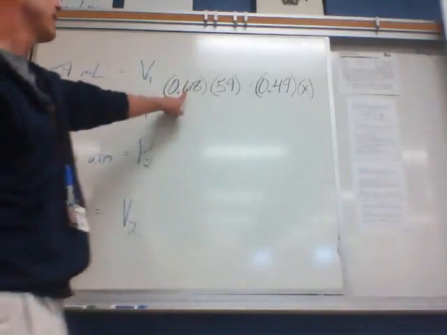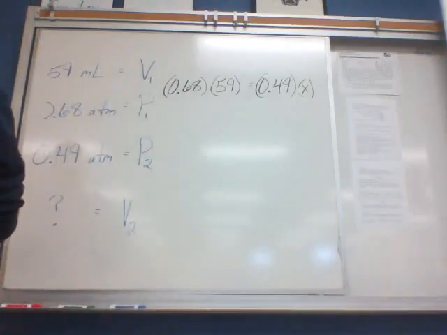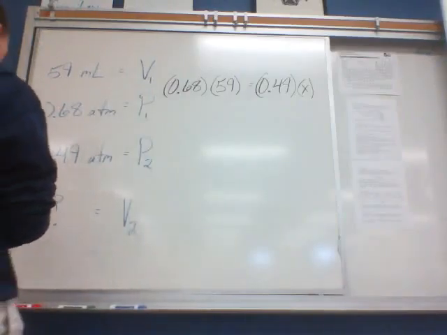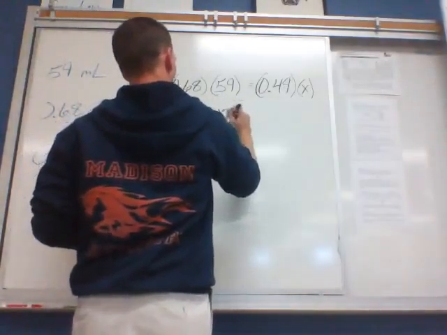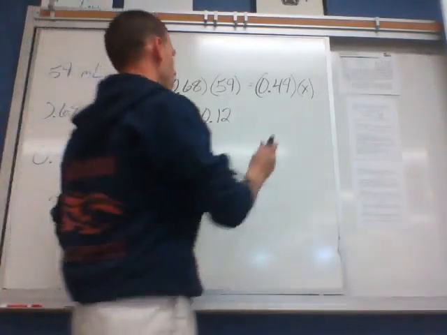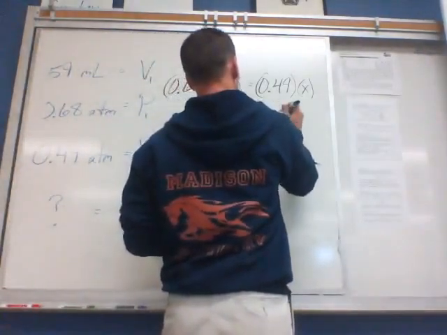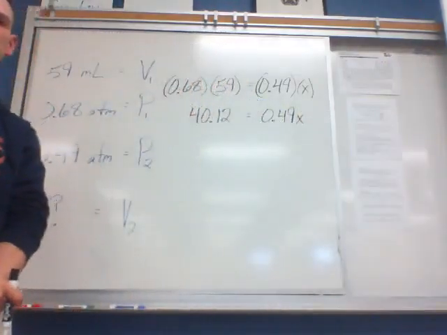Simplify. 0.68 times 59 is 40.12. 0.49 times x is 0.49x.